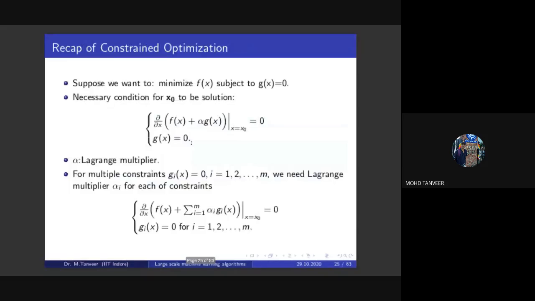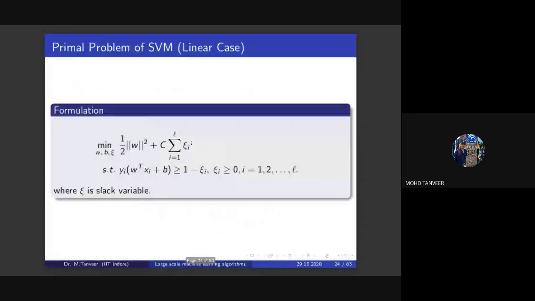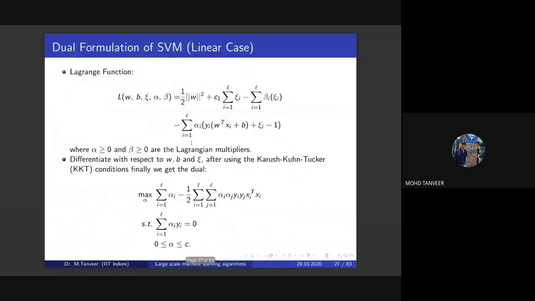We are writing exactly the same thing here, and another beta I also mentioned corresponding to xi i, because xi i here is given as greater than or equal to 0. This is the way of getting the dual formulation of the standard support vector machine. Then we take the partial derivative with respect to w, b, xi, alpha, beta, and put it back there, and we get this formulation.